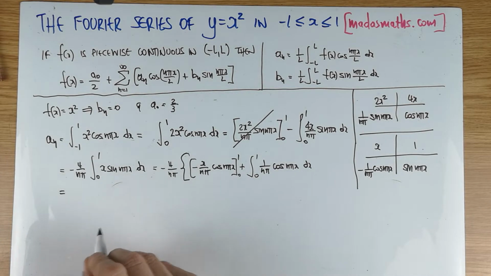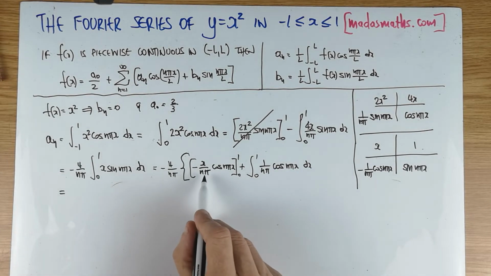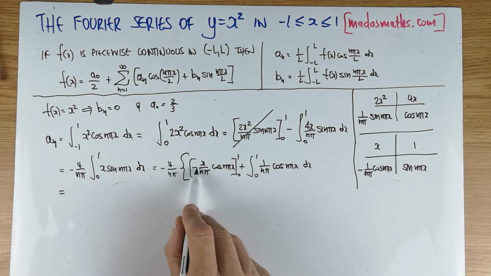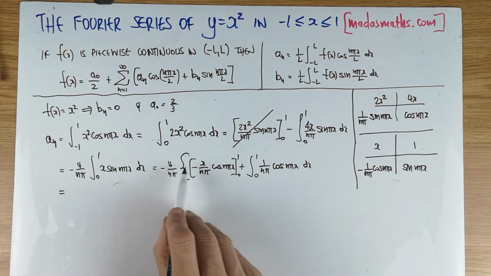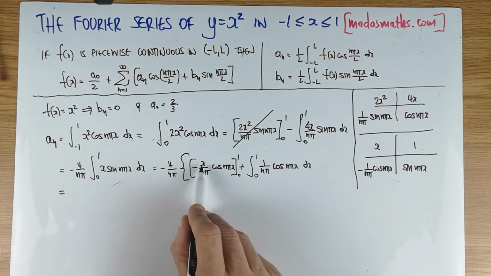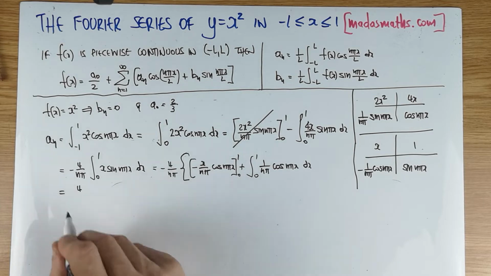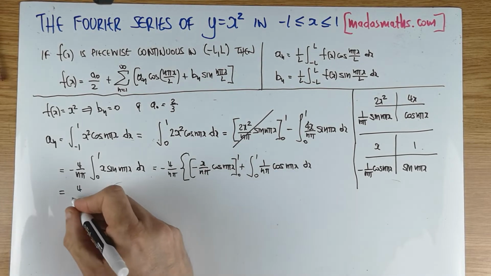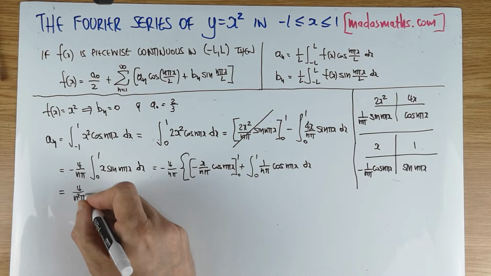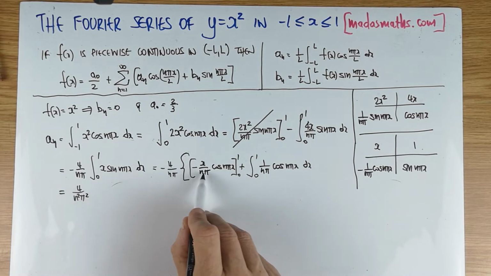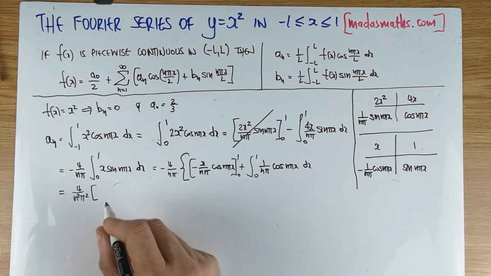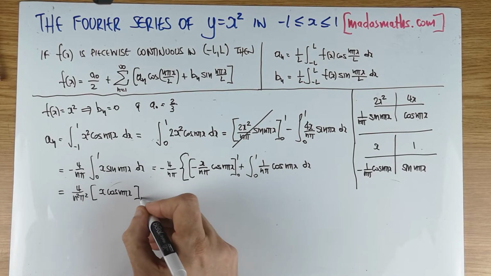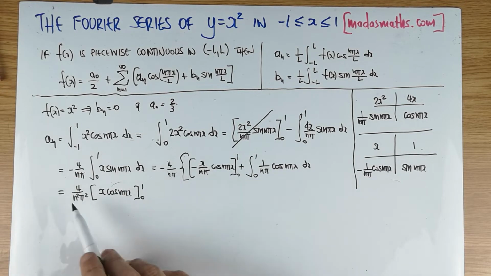I'm going to take this minus outside this bracket here, make it a plus, minus times a minus, and I'm going to have a 4x, no, that needs to be evaluated, I beg your pardon, 4 over n squared pi squared, this is that times that, and inside there I'm going to have x cos n pi x between 0 and 1, just double checking, minus minus gives me plus.